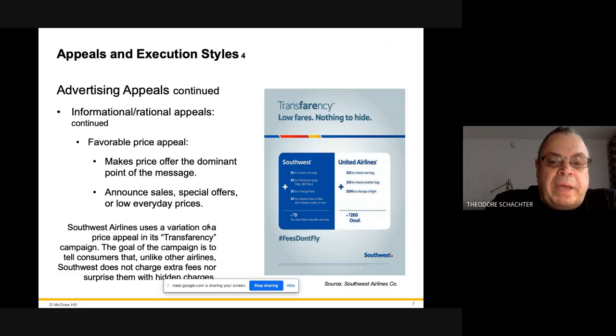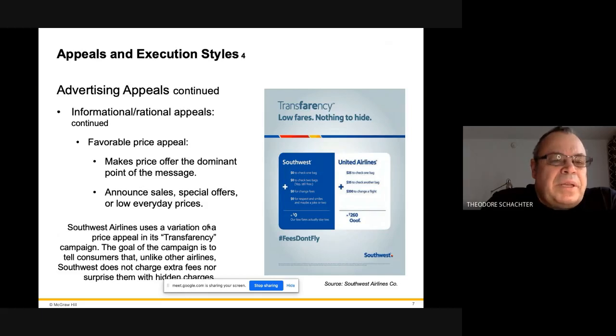And we can do a whole campaign like Southwest did called Transparency, where they made up the word for, I don't know what that word, transportation and fares, meaning how much you pay, I guess. And they tell consumers that they don't charge all these fees that other airlines charge. Cable companies do it versus Fios.